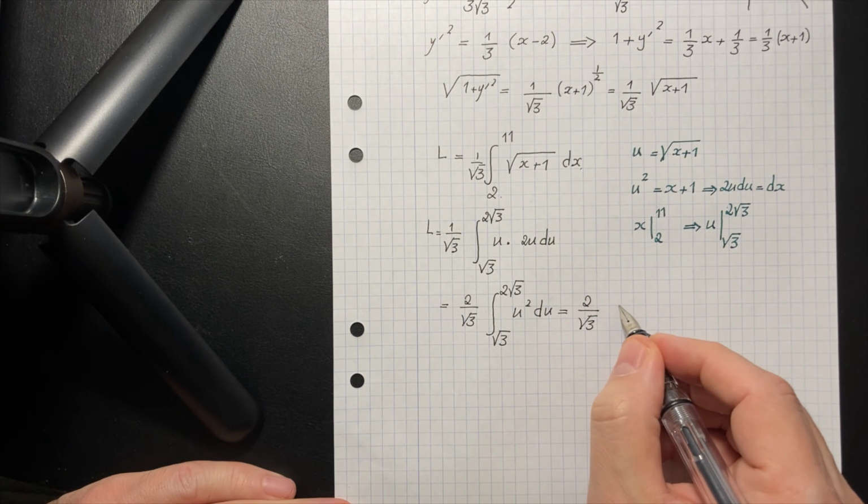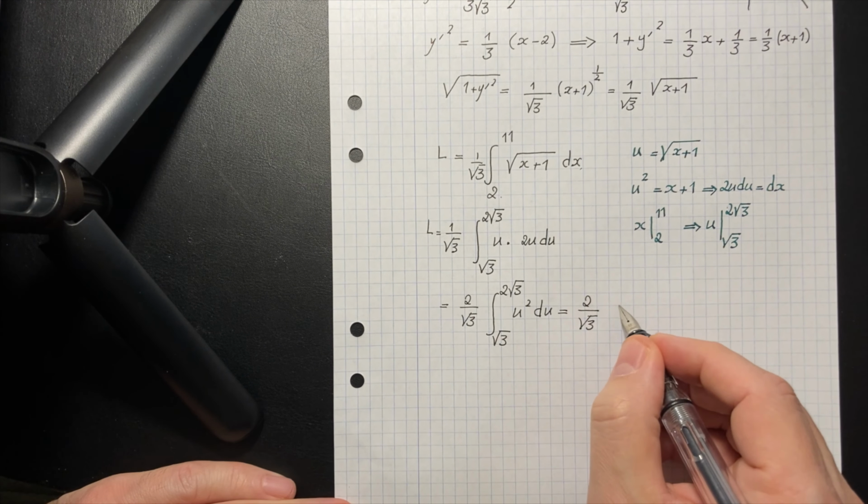Okay, so what I will do, I will absorb these two constants, so I multiply them, so it becomes 2 over 3 square root of 3, and then instead of u, I put 2 square root of 3, raise it to power 3, which becomes 8 times square root of 3 to the power 3, and then minus, I put square root of 3 here, it becomes square root of 3 to the power of 3.